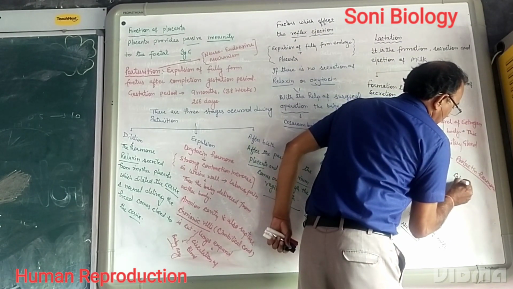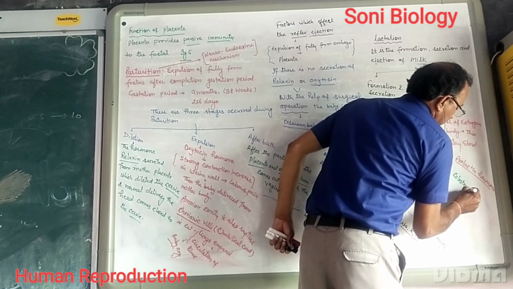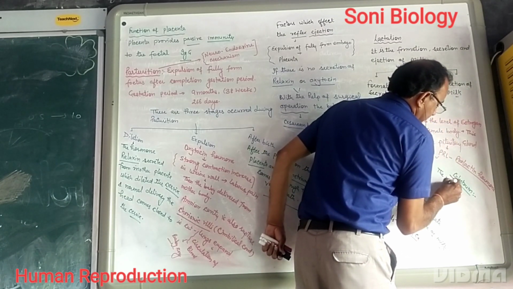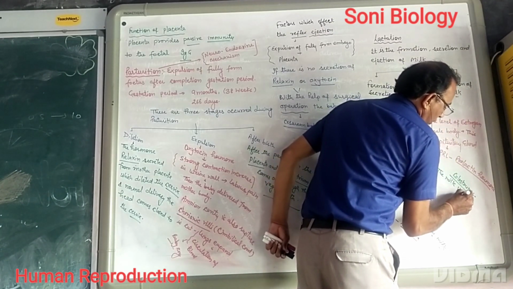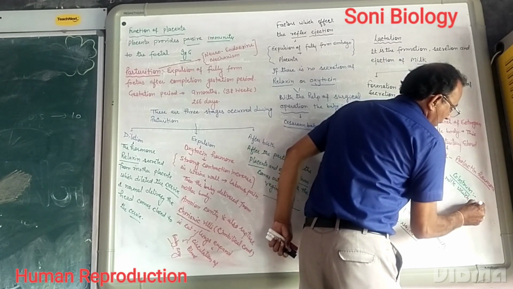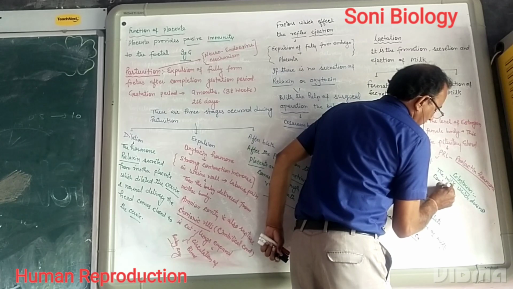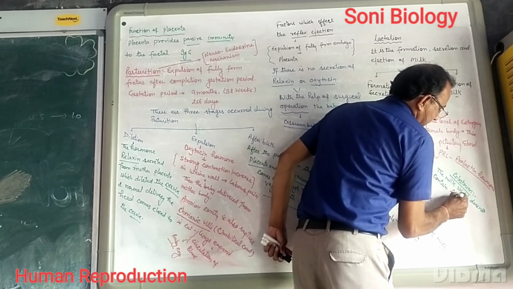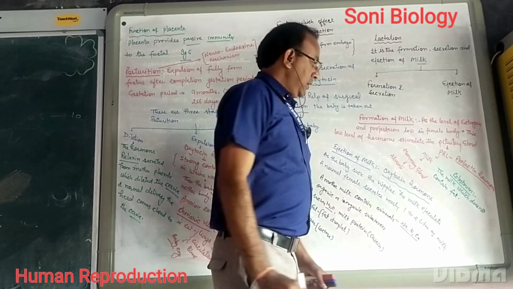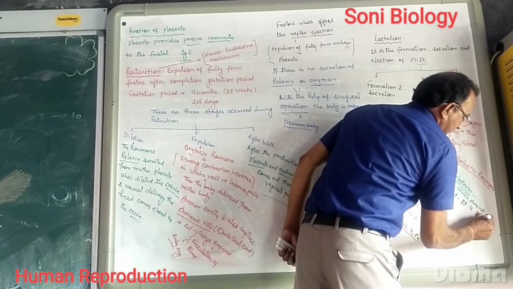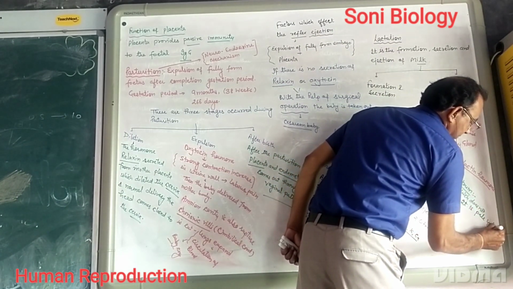And what is colostrum? The milk which does not contain fat. It is pale yellow in color.